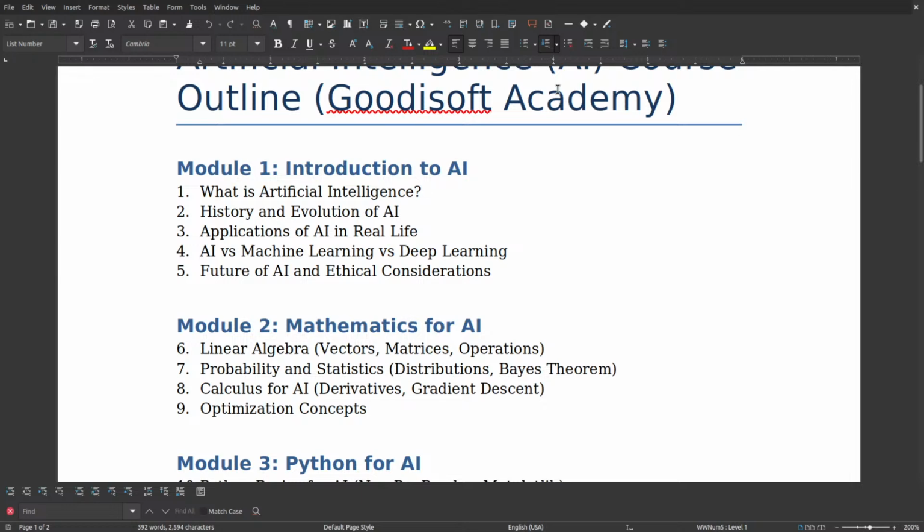Then this is the course outline, the history and evolution of AI. That's just what we'll cover. Then we'll also talk about applications of AI in real life. Then AI versus machine learning versus deep learning.